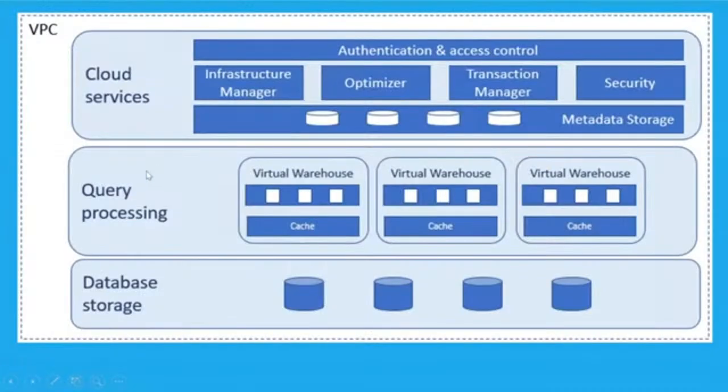See, this query processing layer is a virtual warehouse, which is a compute layer, and these are the hardware resources for your Snowflake. It will be required to process all the requests in your Snowflake.